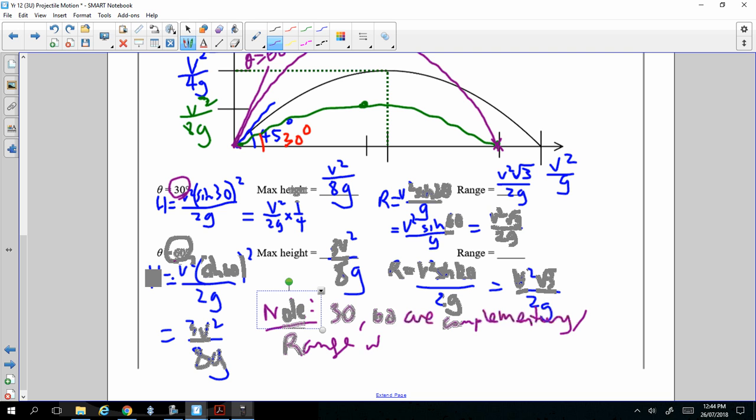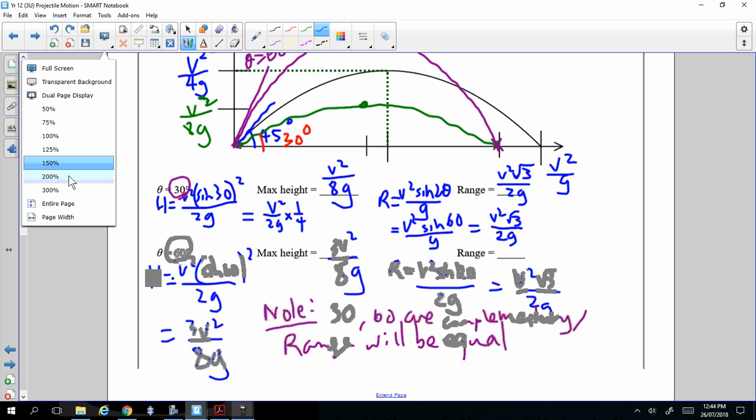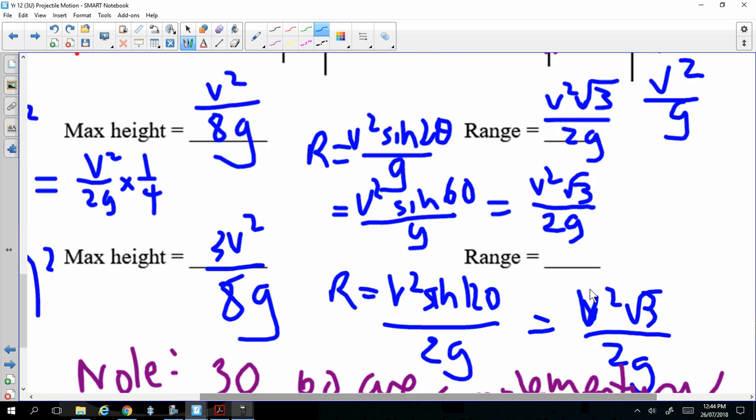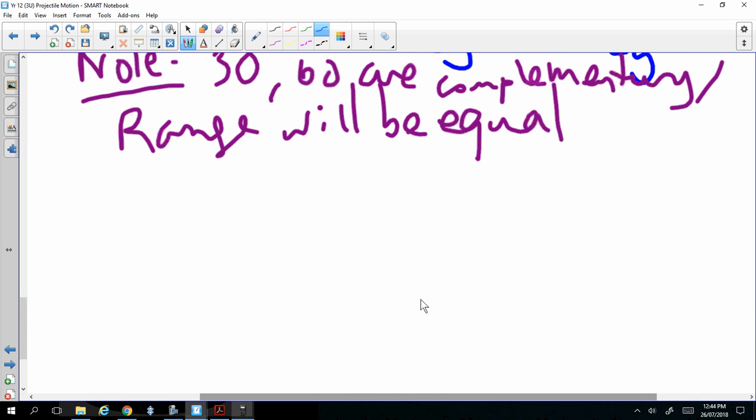If theta equals alpha, the range will be v squared sine 2 alpha over g. If you pick a complementary angle, they should have the same range. So let's prove it: v squared sine 2 times (90 minus alpha) over g.